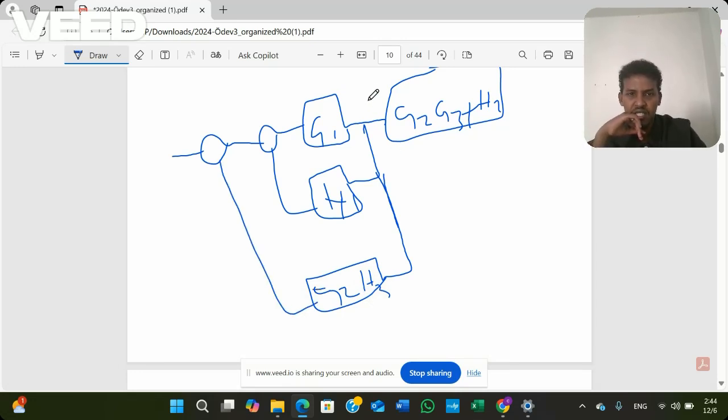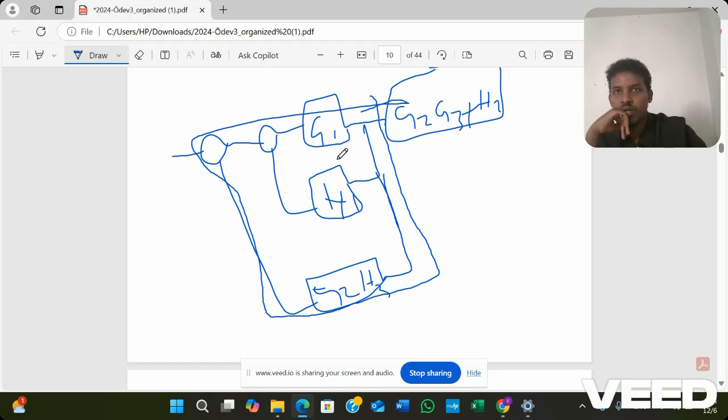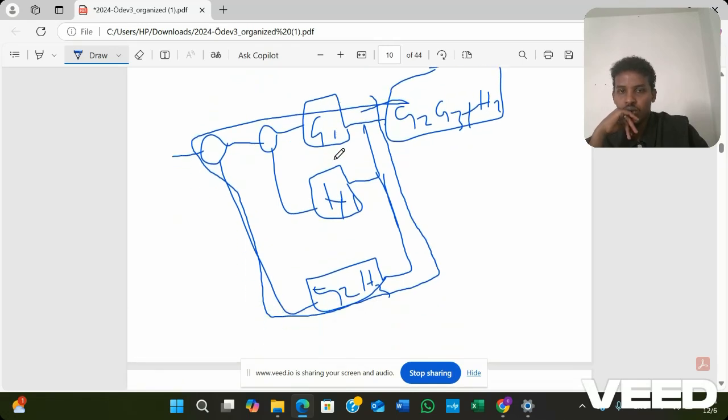This will be a negative feedback. No, it will be a positive feedback, because there will be a cascade, and these two, G1 and H1 over G2 H3, will be a positive feedback.